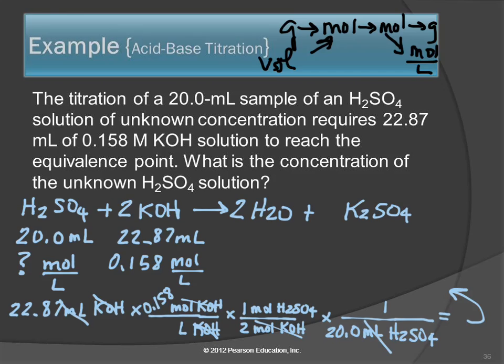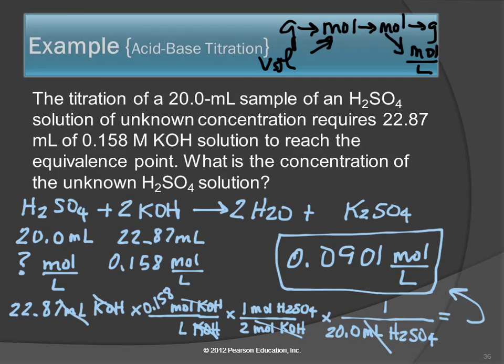How many significant figures should this number have? 4 or how about 3? Because 0.158 has 3 and 20.0 has 3. 22.87 has 4. I'm not sure why the 20 doesn't have 4, but that's how they wrote it. So we're going to have 3 sig figs, so I'm going to round this off to 0.0901 moles per liter. That is the concentration of the sulfuric acid.